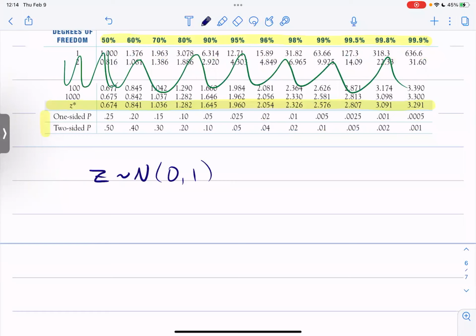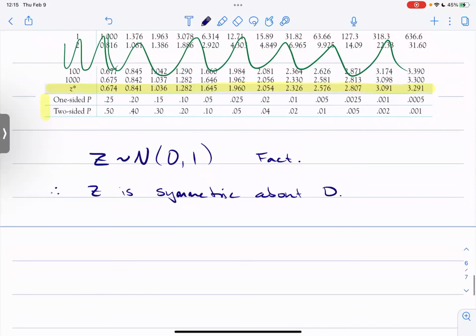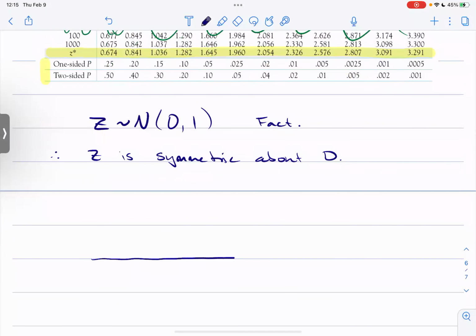And that's just a fact. Therefore, Z is symmetric about 0.